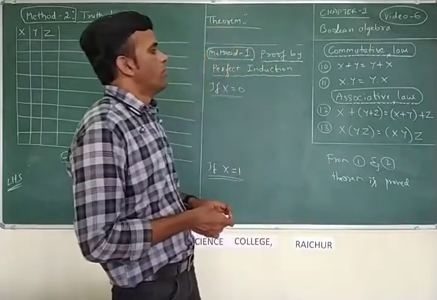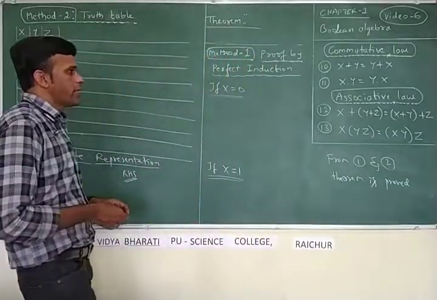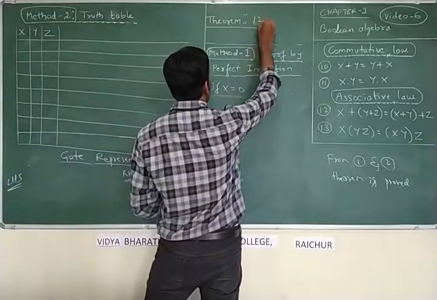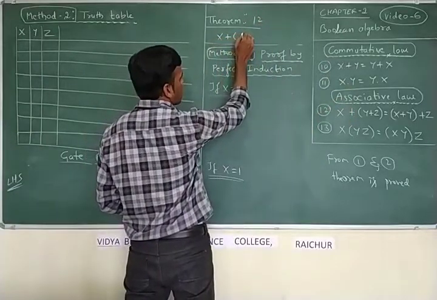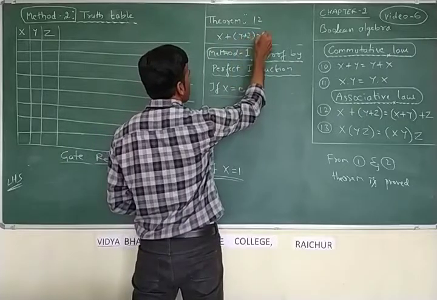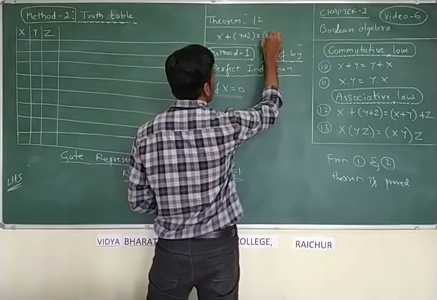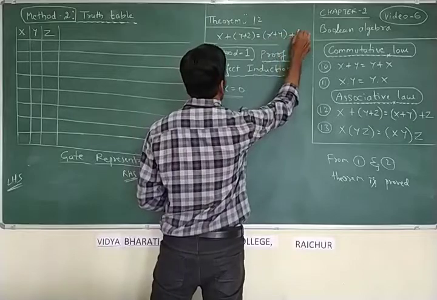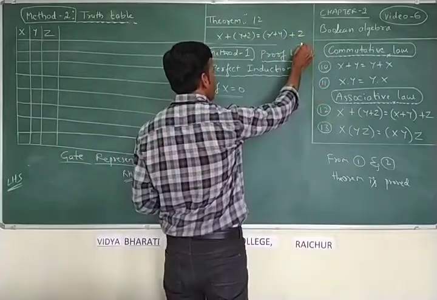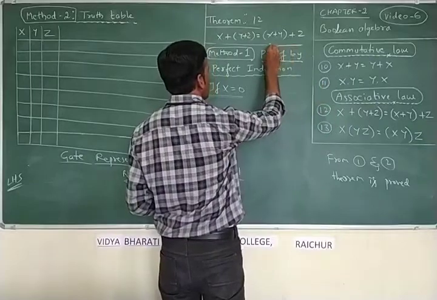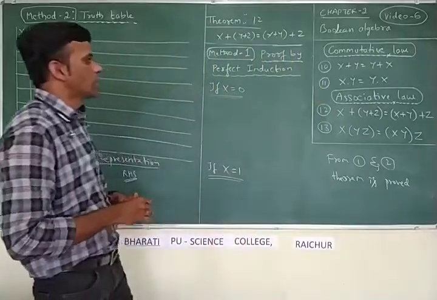So first go for the proof by perfect induction. So theorem number 12, x plus in the bracket y plus z, which is going to be equal to x plus y in the bracket plus z. So proof by perfect induction. Method 1.